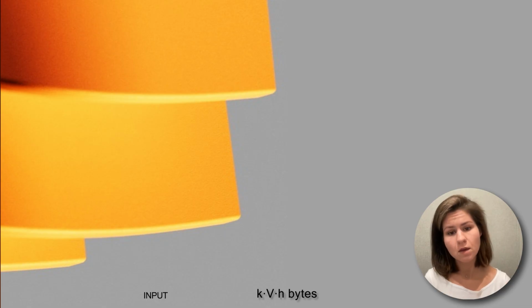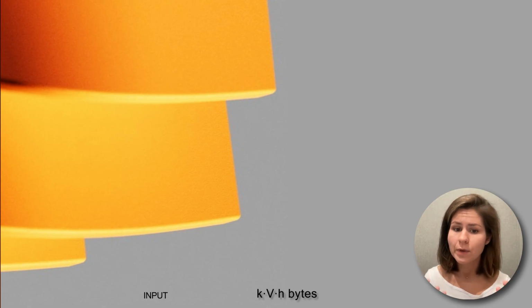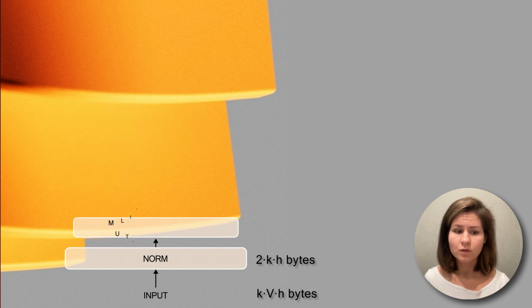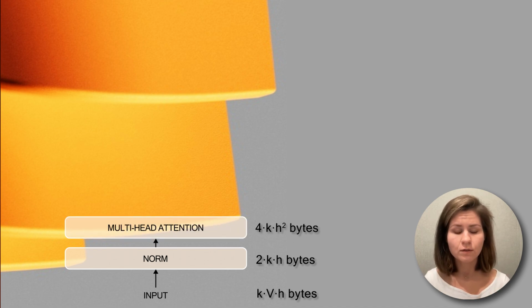So you need k multiplied by v multiplied by h bytes. Next goes the layer norm. That one is really tiny. We only need to account for gains and biases, and thus you only need 2 multiplied by k multiplied by h bytes.